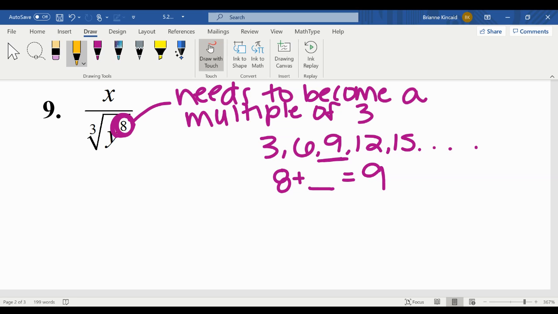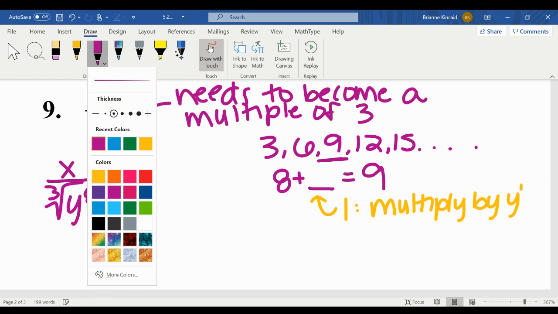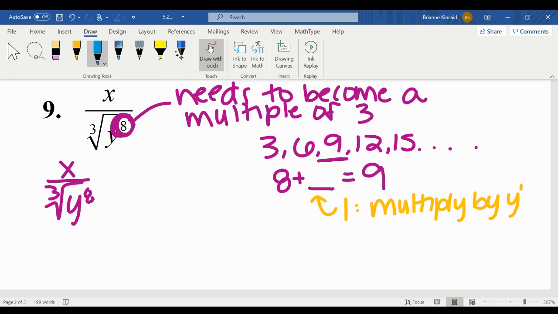Because the number that goes in this blank is 1, that means that we have to multiply by y to the first in order to rationalize our denominator. So we have x over the cube root of y to the 8th. We're going to multiply numerator and denominator by the cube root of y, because that's y to the first.